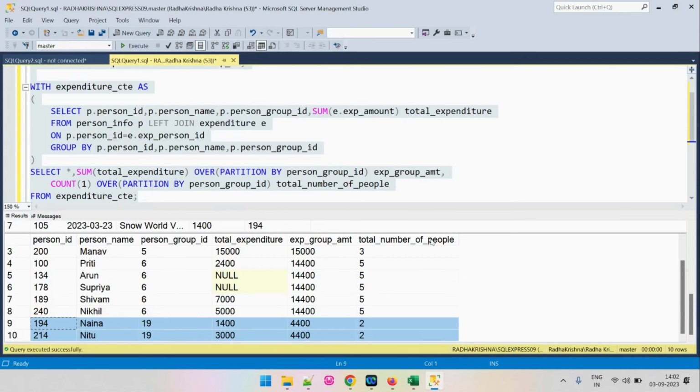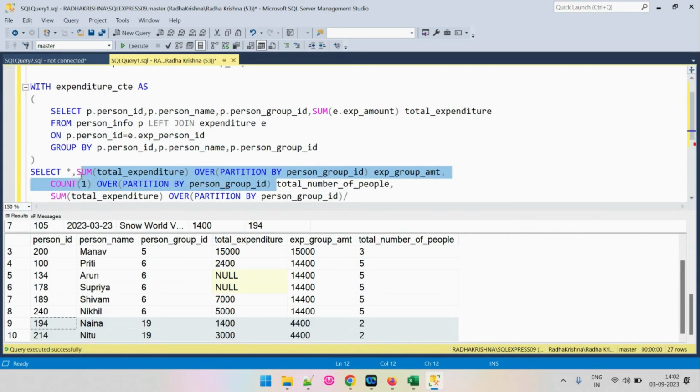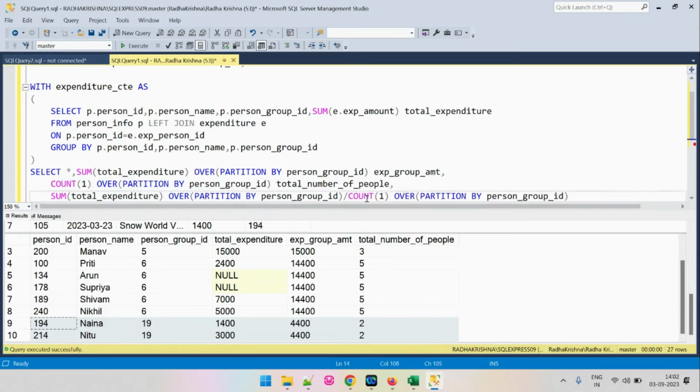That will give us the equal amount of share that each individual has to pay. So we simply take this sum value and divide it by the number of people in that group.